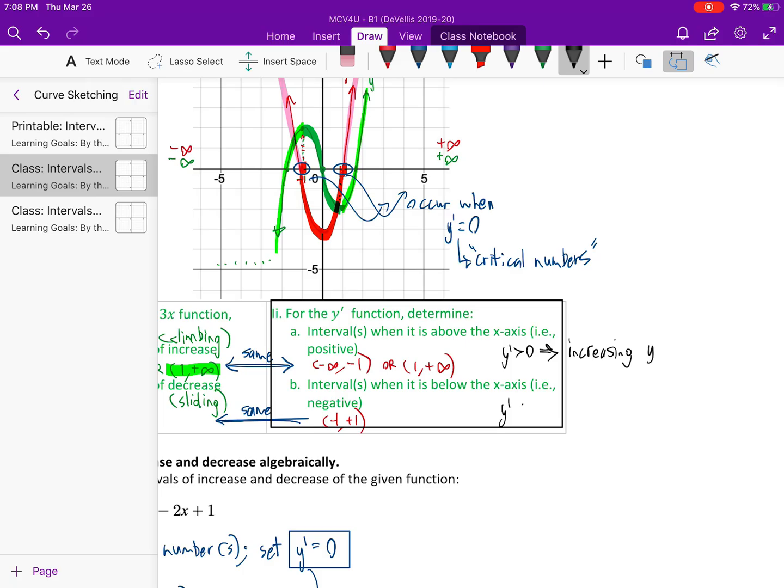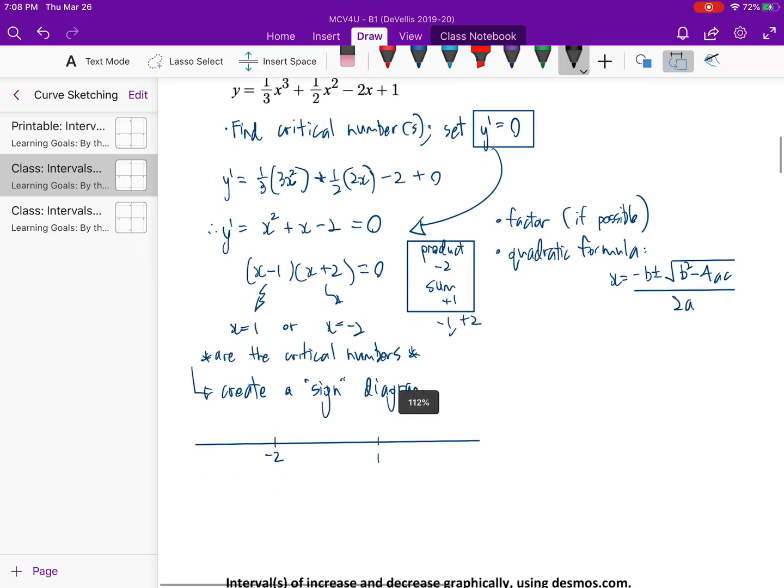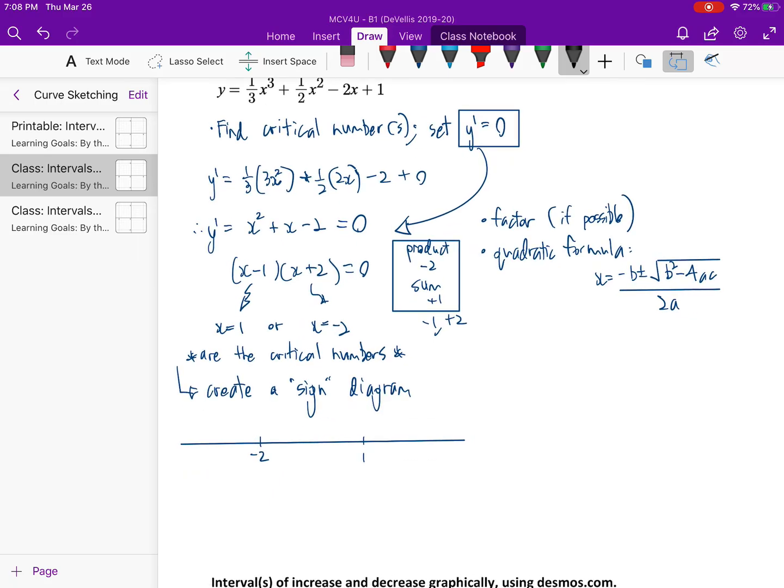If y prime, the derivative function, is smaller than 0, in other words, it's below the x-axis, then we have a decreasing original function. So let's look at test points.